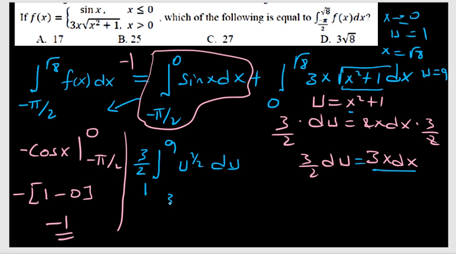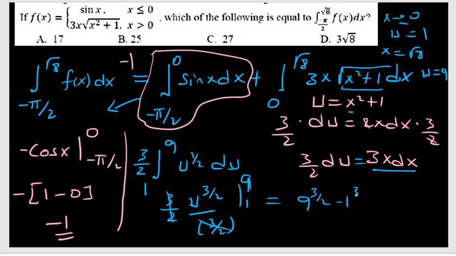When you integrate it, 3 over 2, u to the power of 3 over 2 over 3 over 2. But we can cancel 3 over 2 with 3 over 2, and the evaluation is from 1 to 9. That means 9 to the power of 3 over 2 minus 1 to the power of 3 over 2. 9 to the power of 3 over 2 means radical 9 cubed. Radical 9 is 3, 3 cubed is 27, minus 1 which is 26.